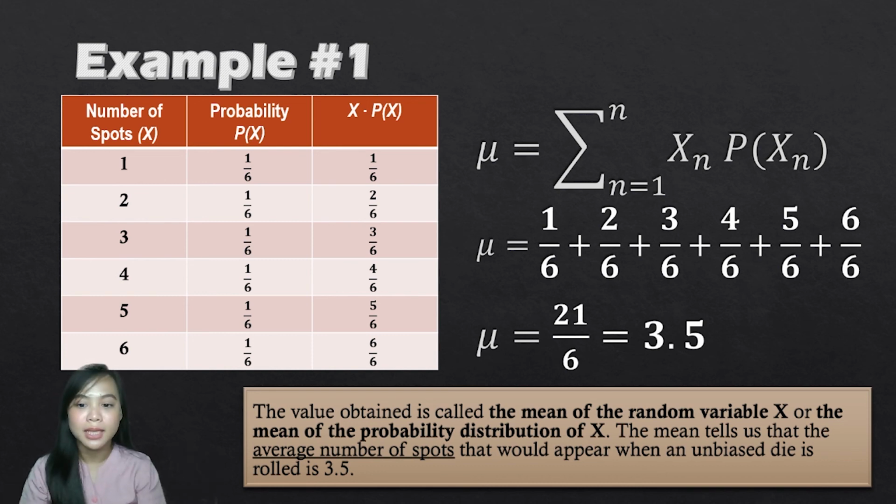This means that the average number of spots that would appear when we roll an unbiased die is 3.5. So that is the meaning of the mean we have.